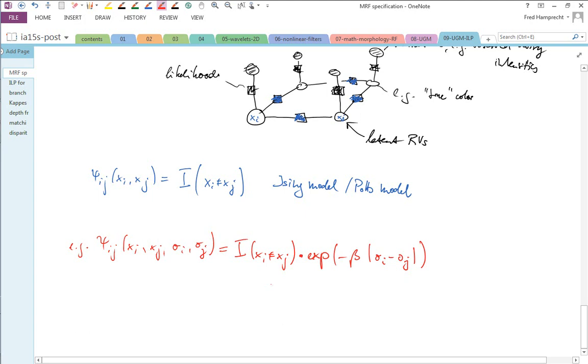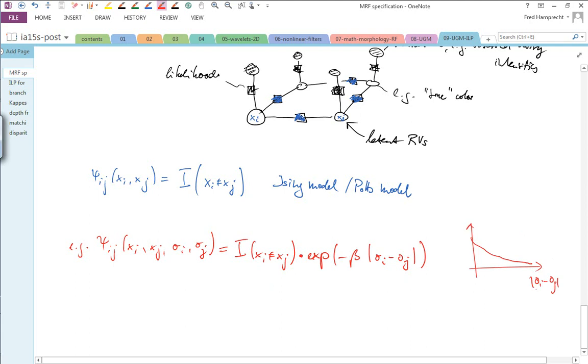But if there's anyway an edge or some other indication of something going on in the image, then I only ask for a small penalty for this label transition. And in this particular case here, this penalty decays exponentially with the magnitude of the local gradient in the image.